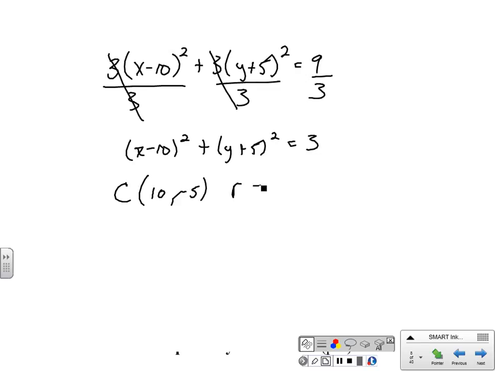And then your radius is going to be? So again, it's really simple, but when you have that coefficient out there, people are like, what? Are we good?